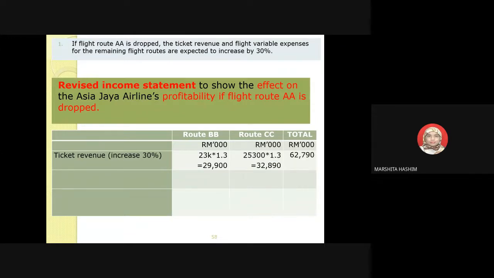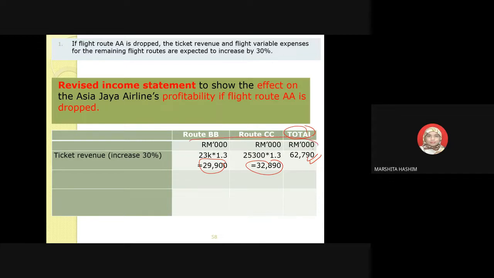And then route C 25,300, you multiply by 1.3. And then for Asia Jaya, just total up these two figures, 29,900 million and 32,890, total up, then you will get 62,790,000.